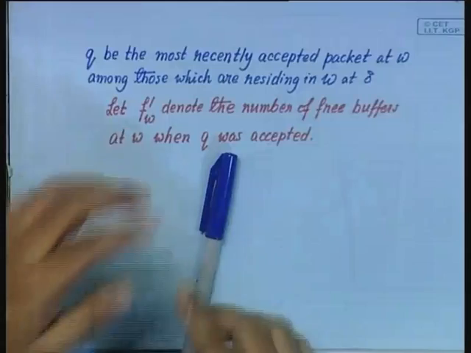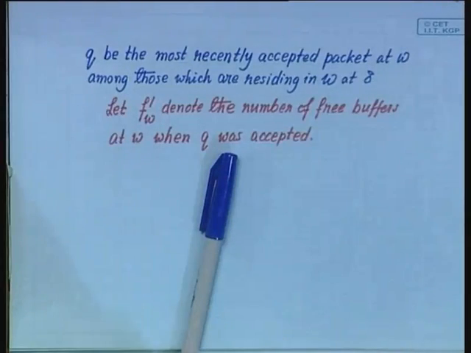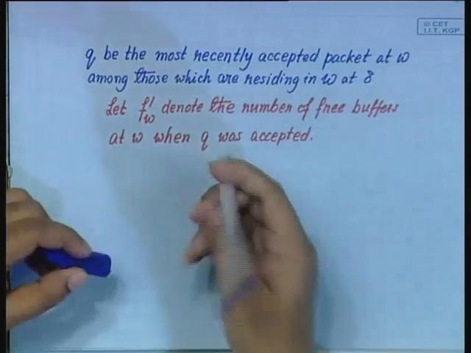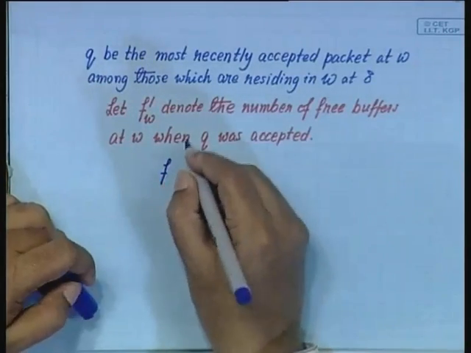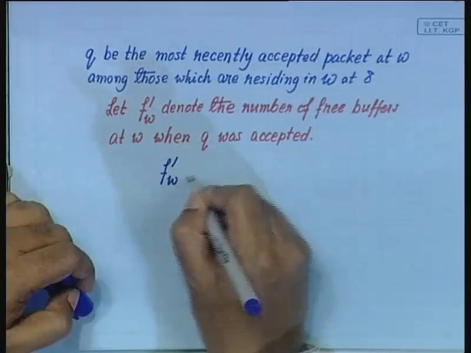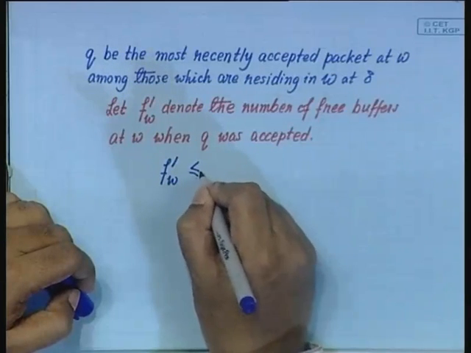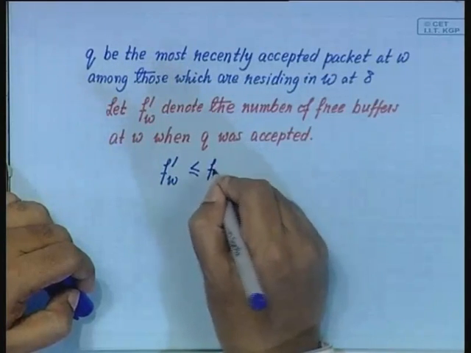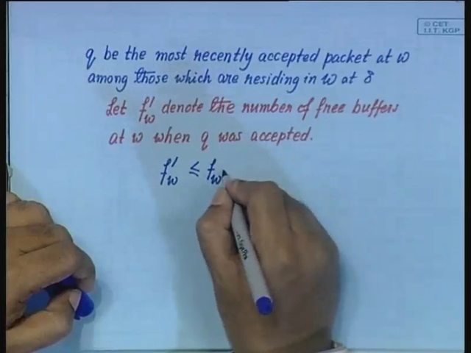But some packets which were there in F dash W may have been delivered when we went to FW, when we went to this configuration delta, right. So therefore we can write that F dash W is less than or equal to FW plus 1.